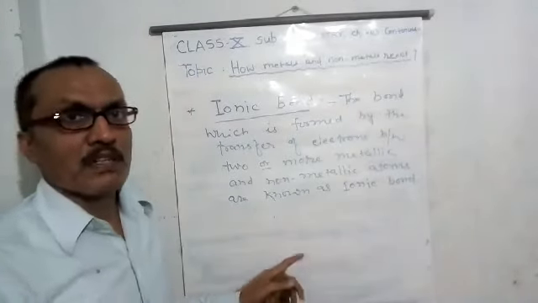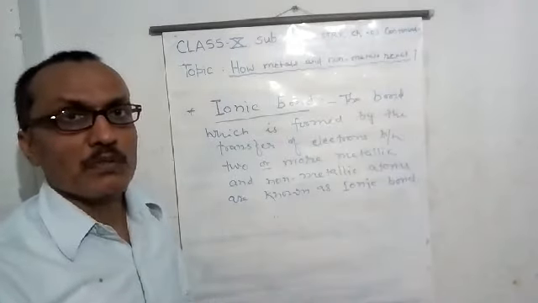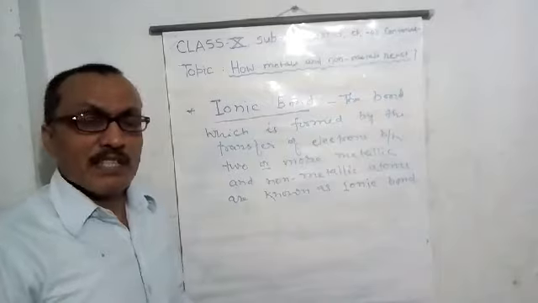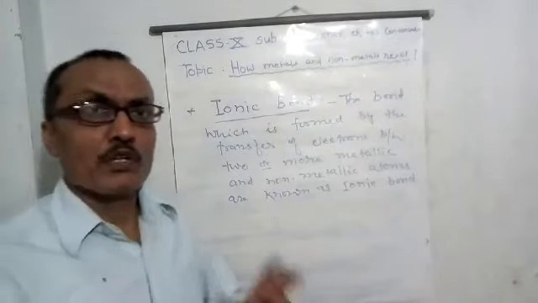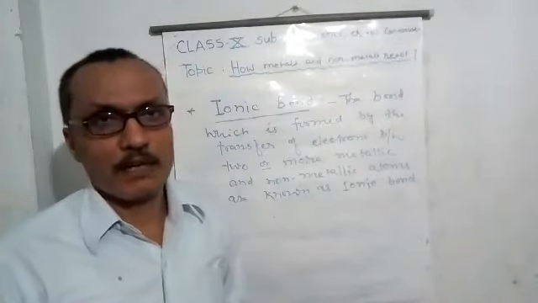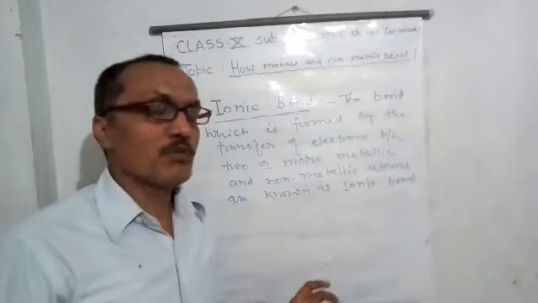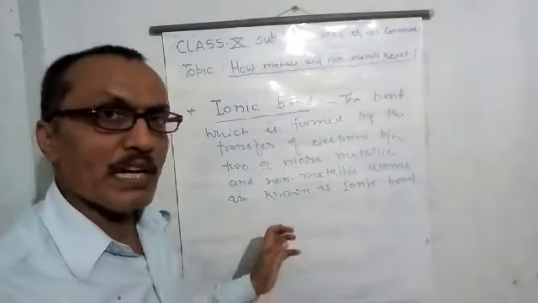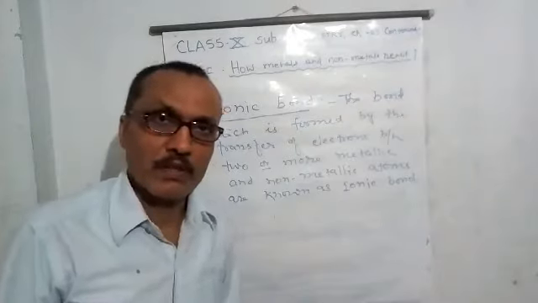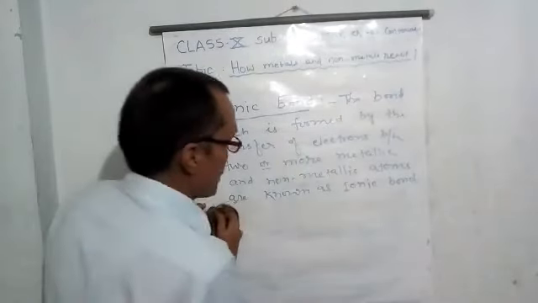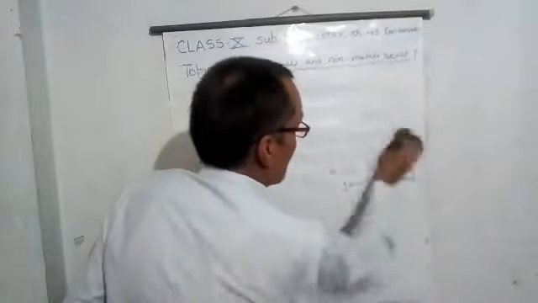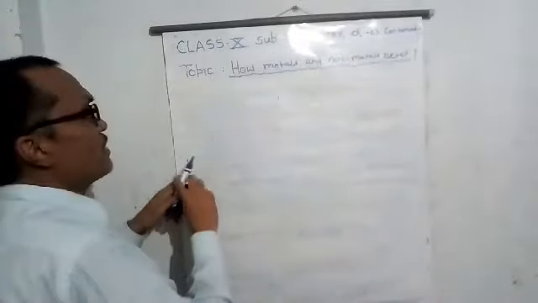So ionic bond is due to formation of ions. It means in such compounds two opposite ions are present, and that is why this bond is known as ionic bond. Now students, covalent bond.